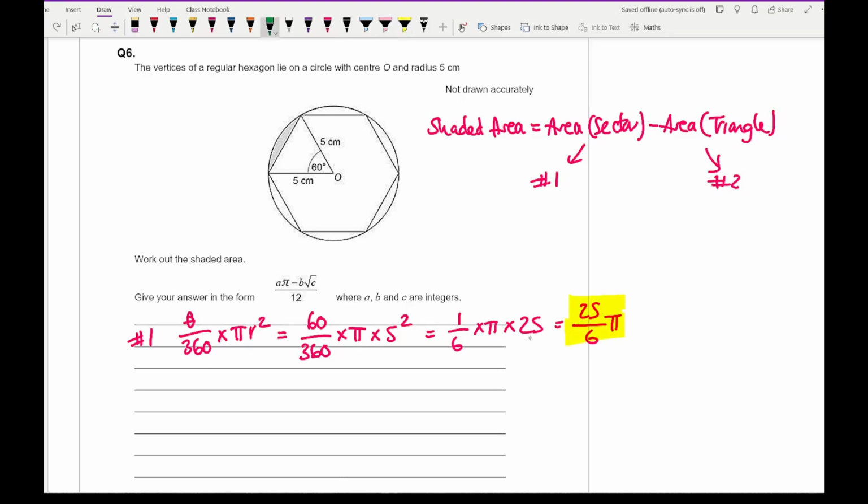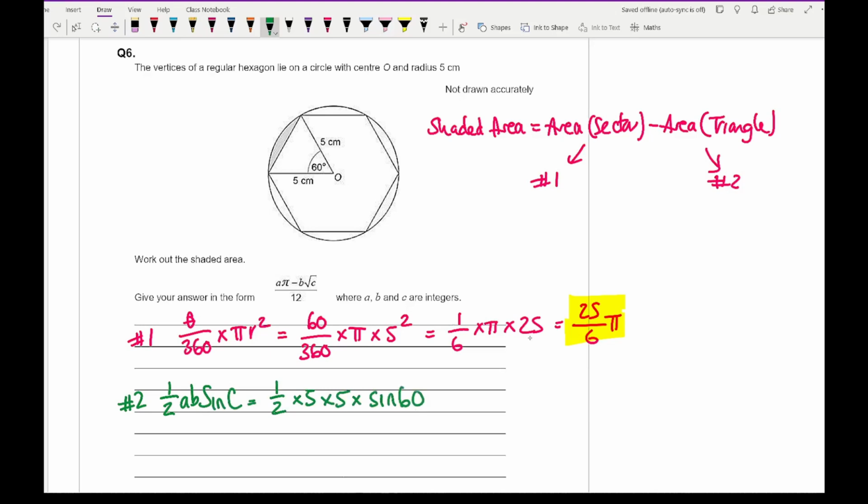Then to work out the area of the triangle, for this I need to use the sine rule, so I'm going to be using a half ab sine C. So that's going to be a half times 5 times 5 times sine 60.